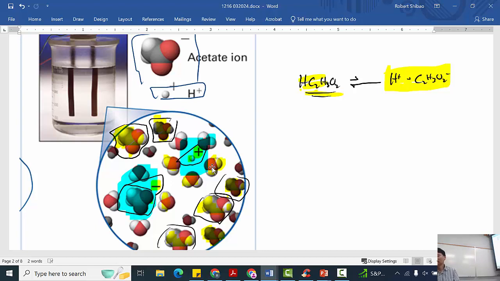Some things have a preference, but we call things that can act both as an acid and a base amphoteric. And water can go either direction equally as well, which gives us another important property for life. And so water is pretty amazing. But one thing water can't do is conduct electricity pure by itself because there's no charge.